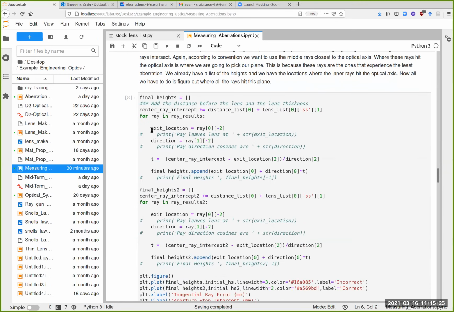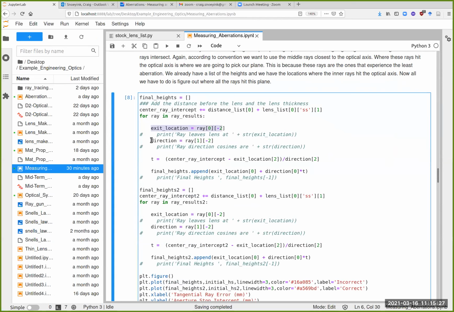Basically, we just have to figure out where the rays exit, what direction they're going in, and how long it takes them to get to that plane, which is t here. We're using a parametric representation of these lines. So it's just the distance t, which is the distance to that plane divided by the direction cosine in that direction.